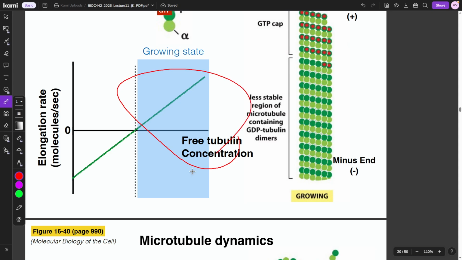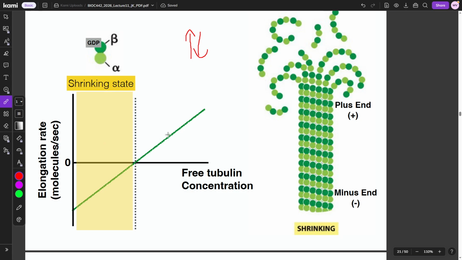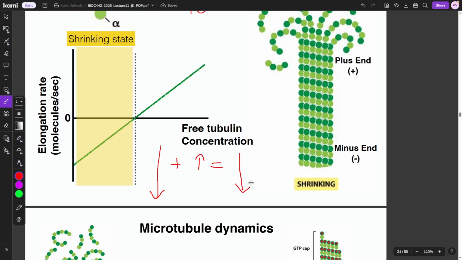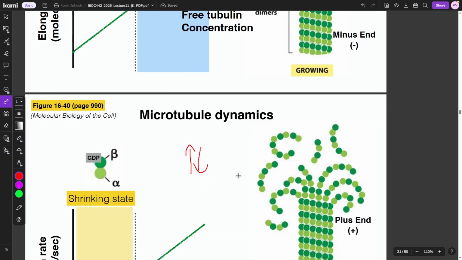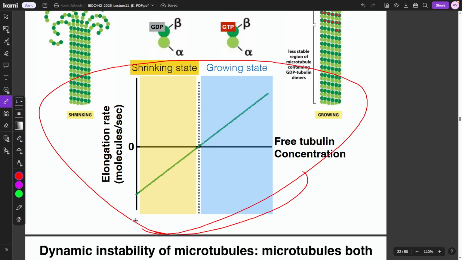In this case right here, the free tubulin concentration is high enough that the growing vector far surpasses the shrinking vector. So if you were to add these two together, plus this super small thing, you would get something like this, right? But over here in the shrinking state, you have a super large shrinking vector and a small growing vector, and so you would get a large shrinking vector, if you will. It's one way to think about it. And so this put together is how you get this image here.